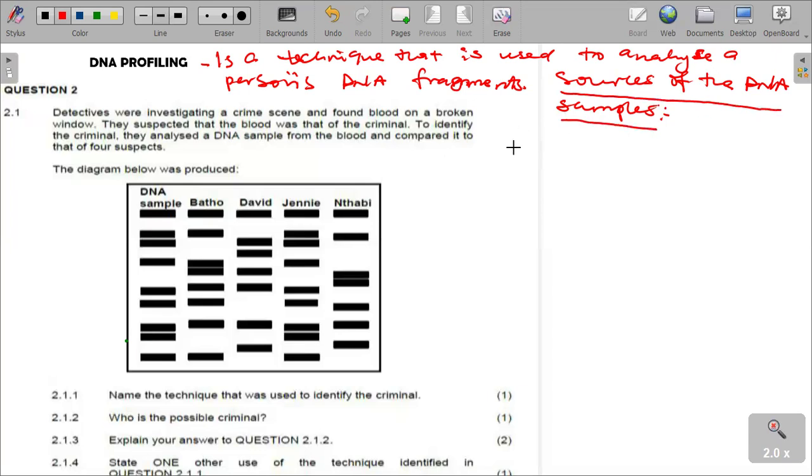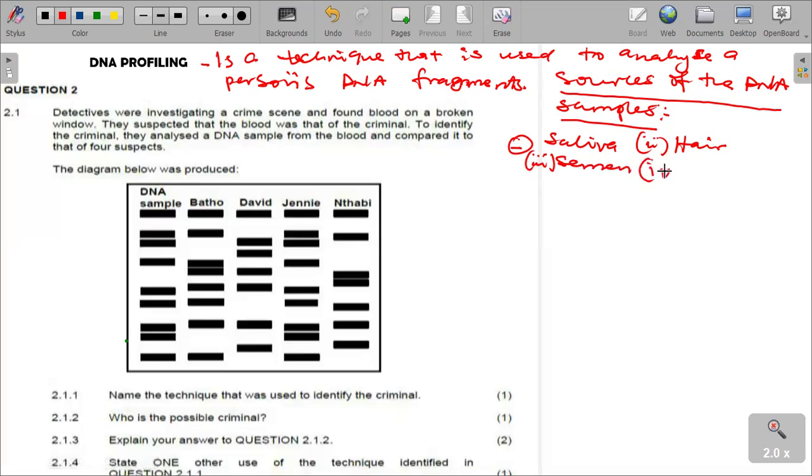The sources of DNA, we can talk about the saliva. The DNA sample can be found from the saliva. It can be found from the hair. It can also be found from the semen.